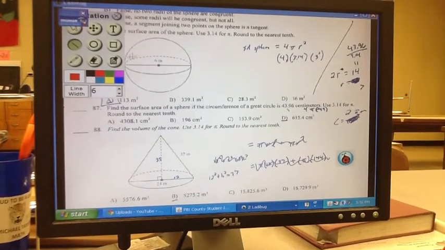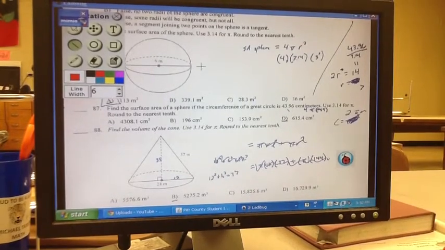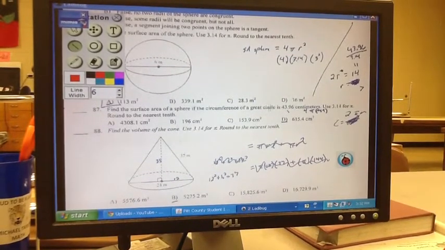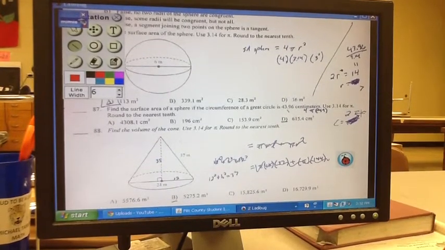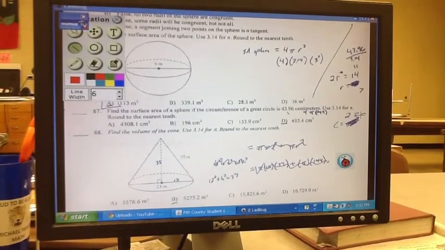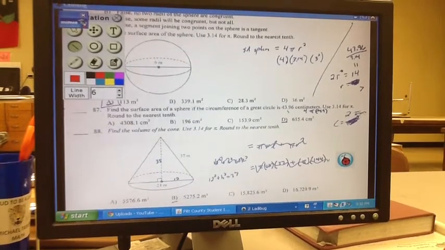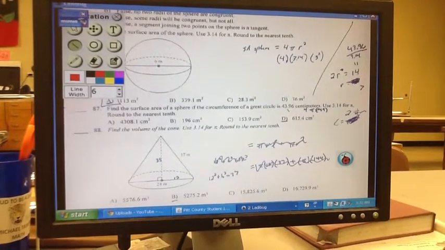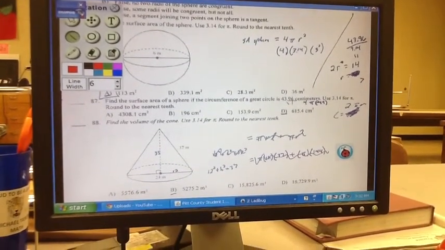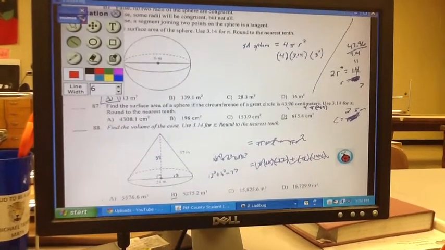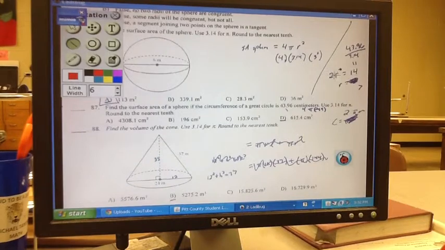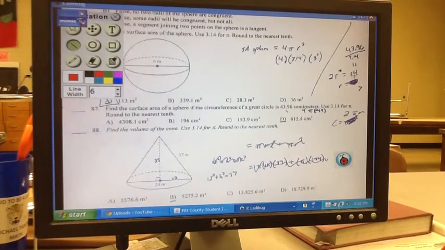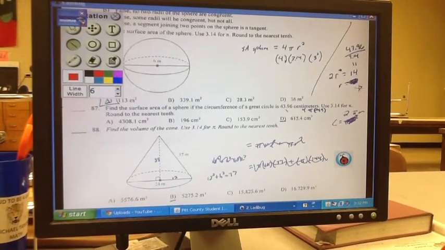So let's break down that circumference first to find our radius. Remember, the circumference is 2 pi r. Don't let that get confused with the area of a circle, pi r squared. So if I take 43.96 and take out the pi, I got 14, and from that 14, remember it's 2 times the radius, so I divided that by 2, so my radius is really 7.